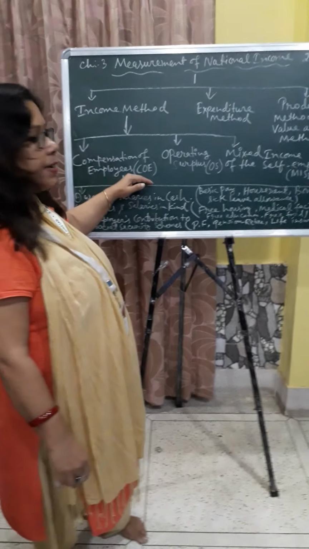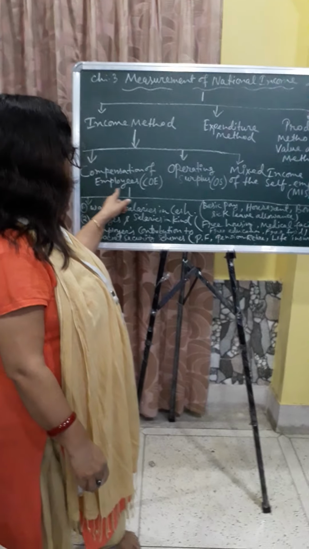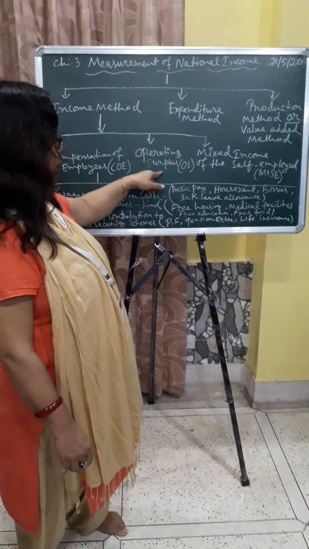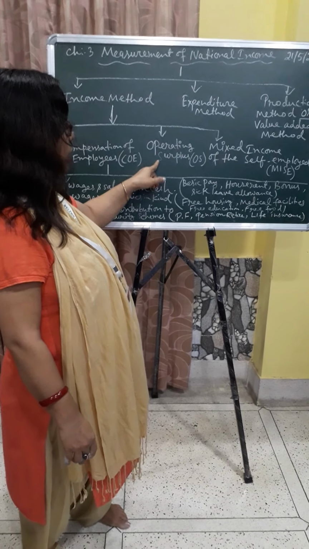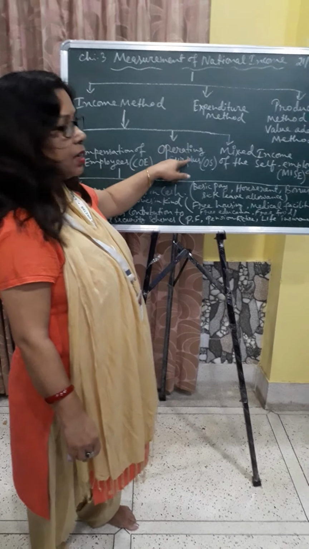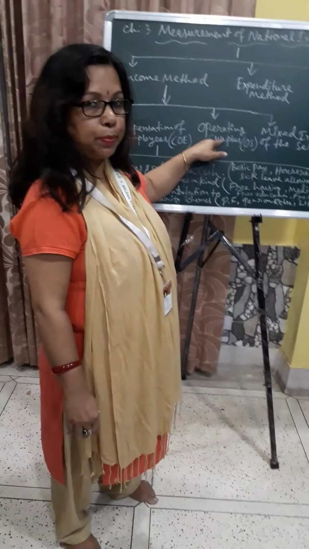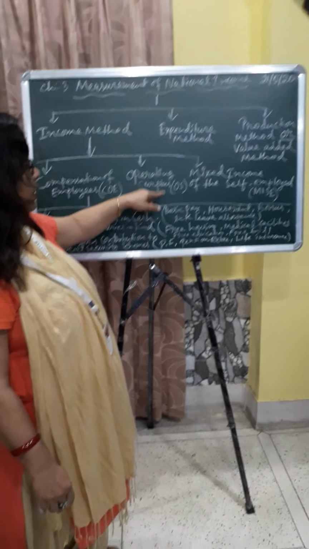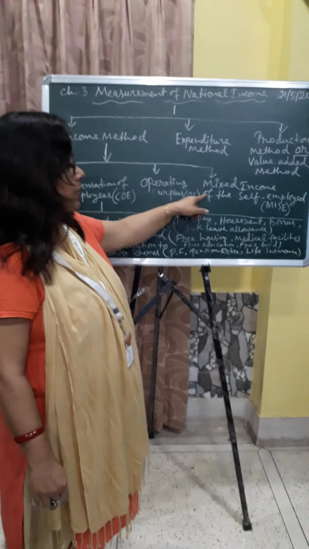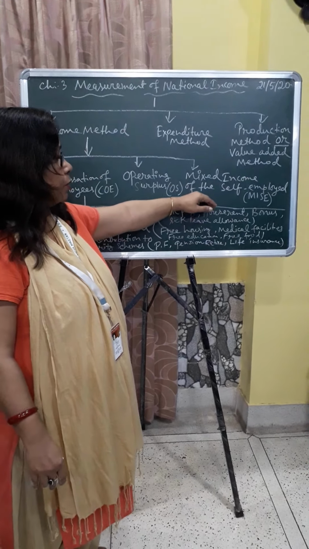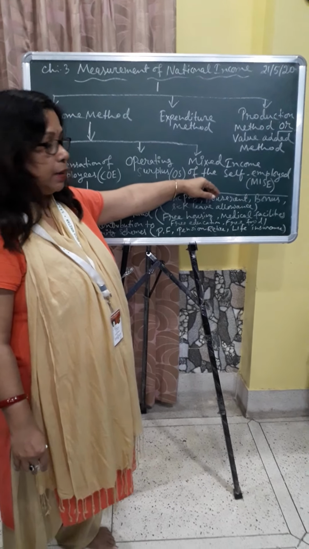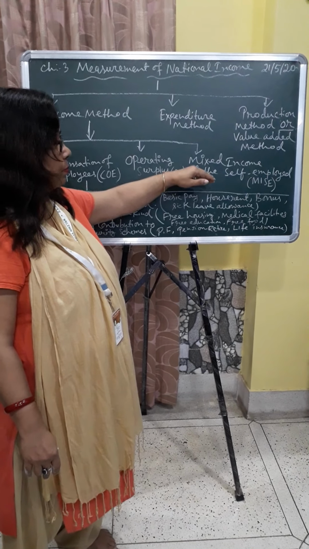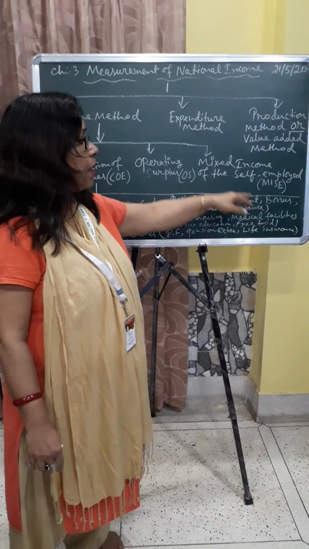Now operating surplus: it means the income received by the factors of production in the form of property and other ways. And mixed income of the self-employed means individuals who have their own business. This type of business is included in the mixed income of the self-employed.